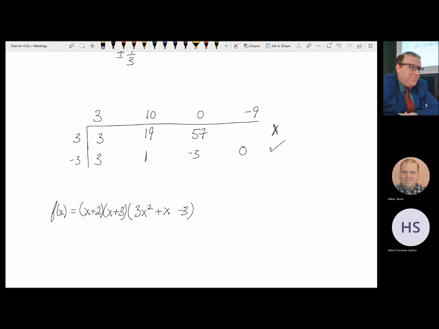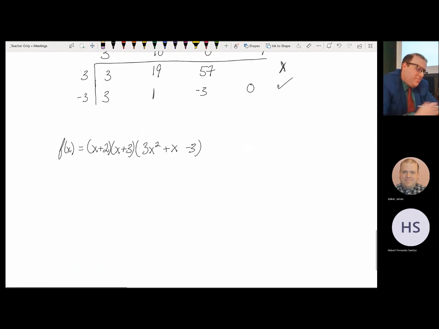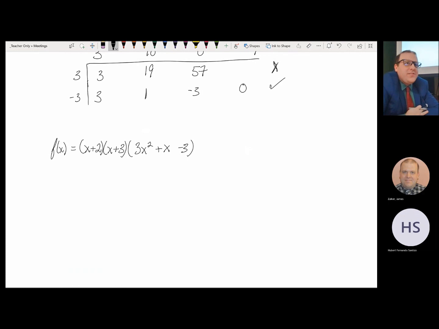No, it cannot. No, I mean, it does, but not with rationals. So we're going to have to use the quadratic formula on that. So we already have negative 2 and negative 3 as zeros. I mean, you can, but they're not going to be zeros. If they were zeros, this would have been factorable.